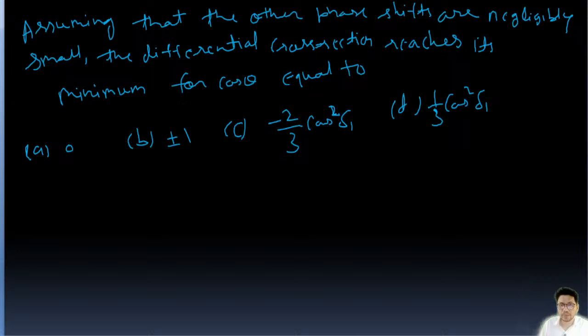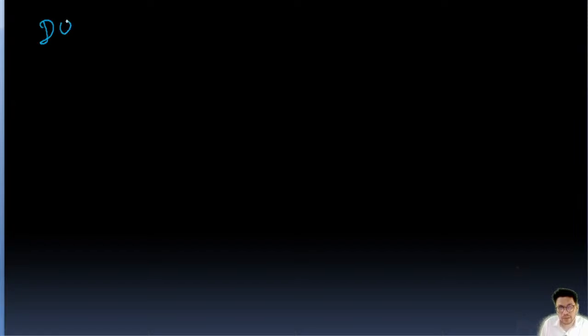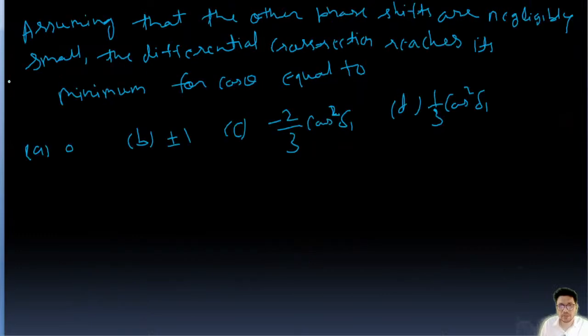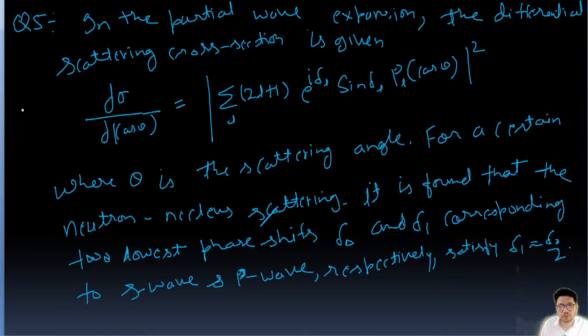Okay, so I'm going to solve now. So we have been given, so here we know the differential scattering cross section, which is a function of theta. We know which is given, right?